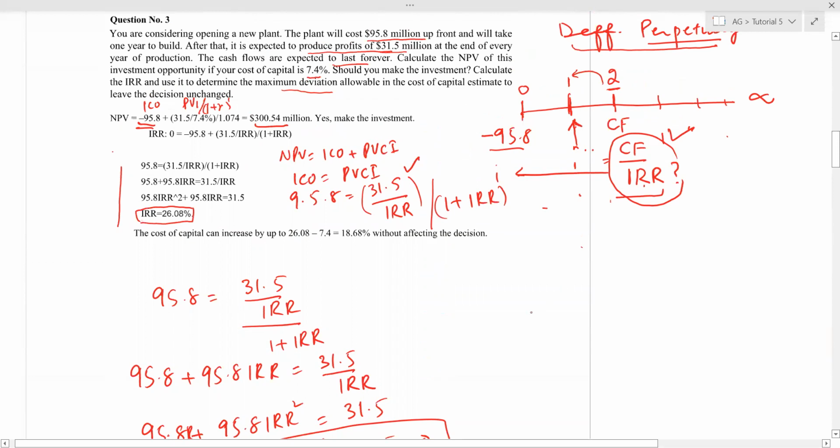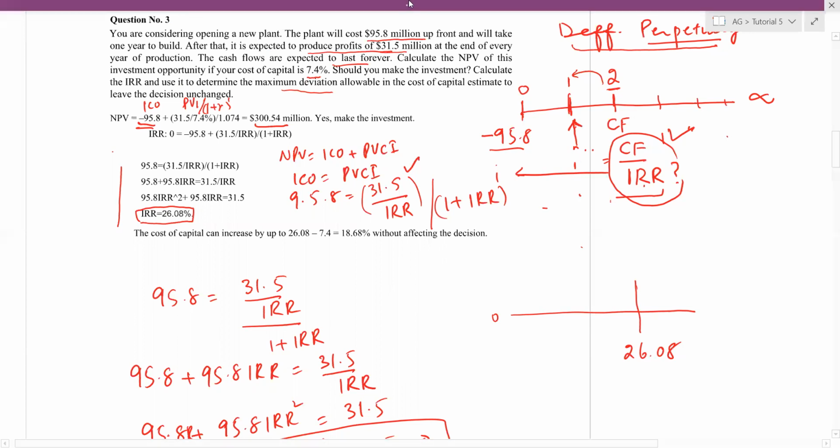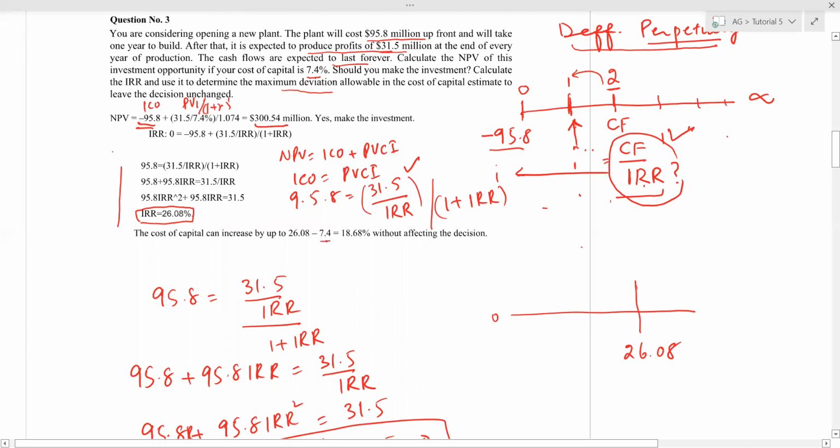So if I draw it like this, IRR is equal to 26.08. How much is your actual cost of capital, students? In this question, the actual cost of capital is 7.4%.